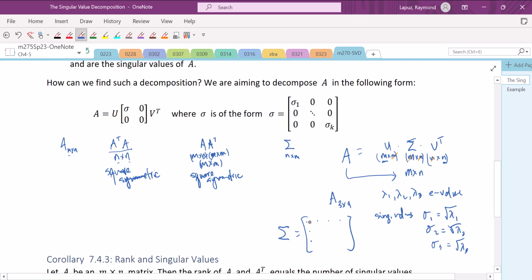So you're going to have your sigma 1, sigma 2, and sigma 3 go in the diagonal, and then everything else would be 0. So if we fill in the rest of the zeros, the last column would be a column full of zeros. Oops, I think I drew one too many zeros there.